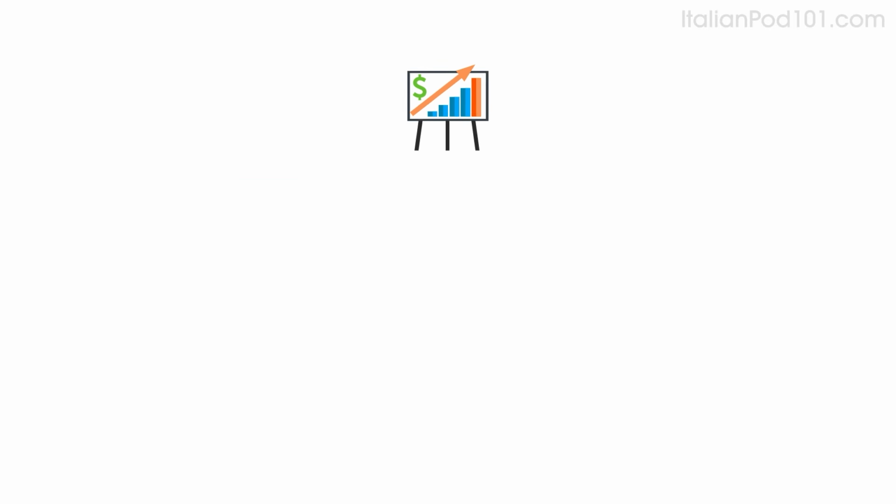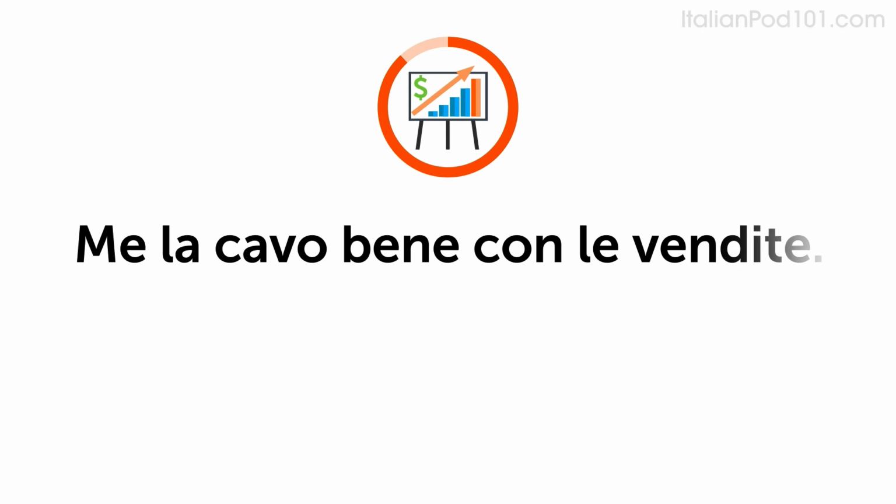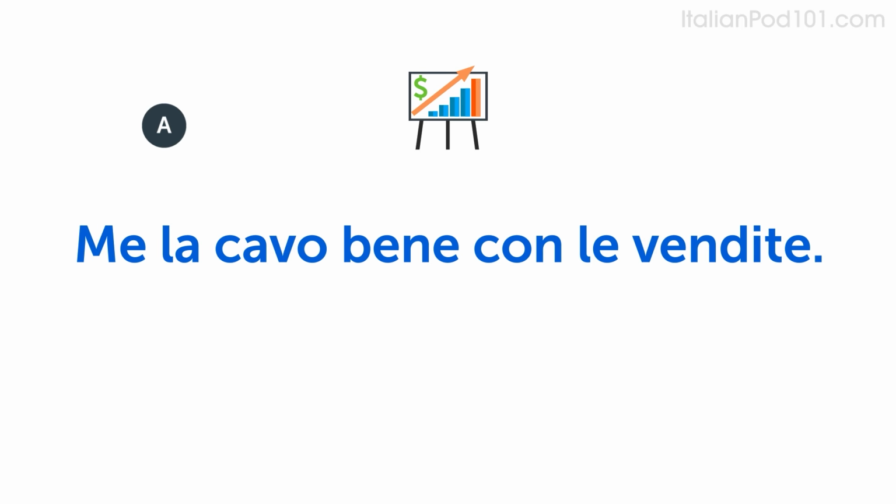Say, I'm good at sales. Me la cavo bene con le vendite. Now, answer the question saying you're good at sales. In che cosa se la cava bene? Me la cavo bene con le vendite.